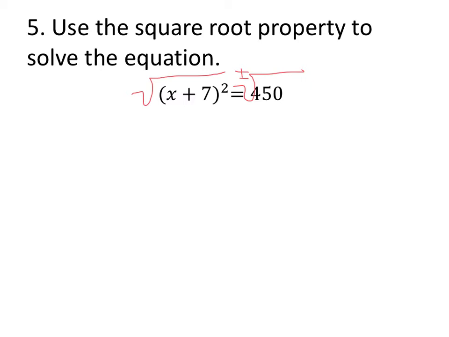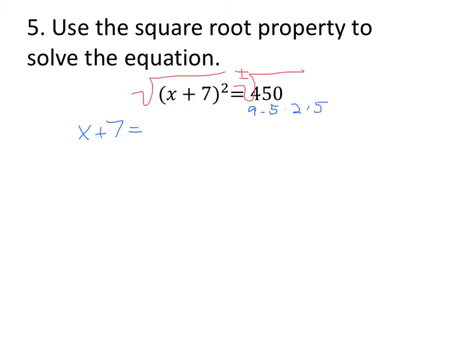So when we write that, we say x plus 7 equals plus or minus the square root of 450. Now 45 is 9 times 5, so we know we have 9 times 5 times 10, and 10 is 2 times 5.